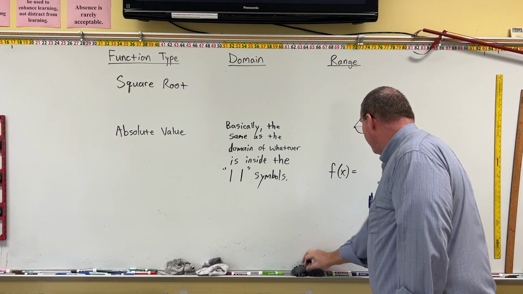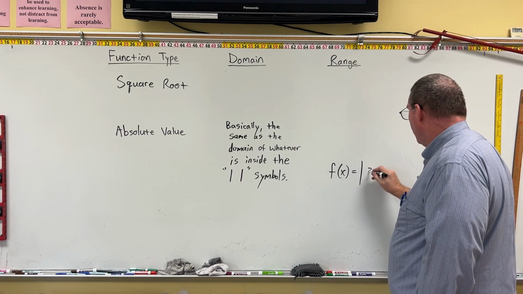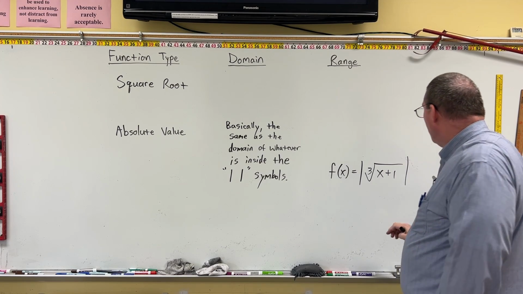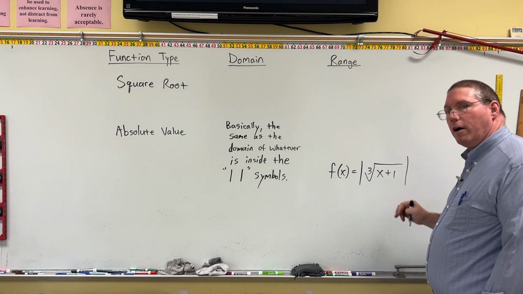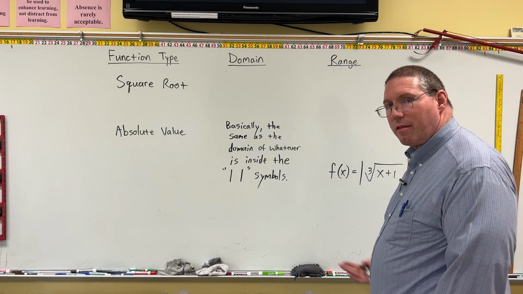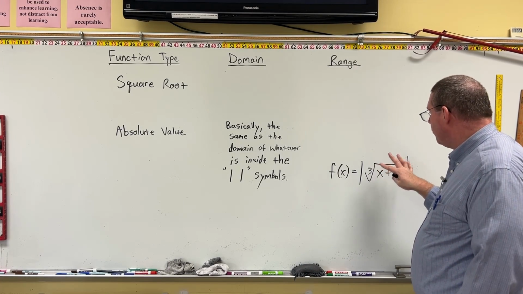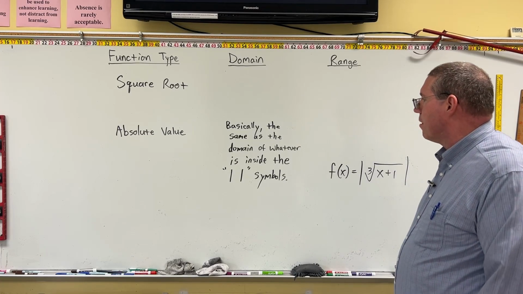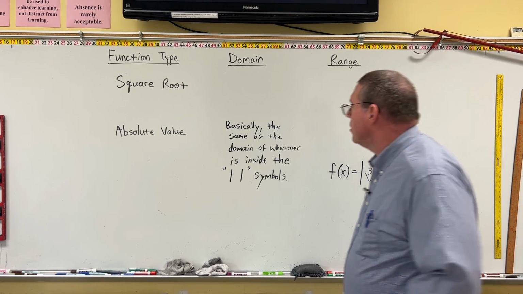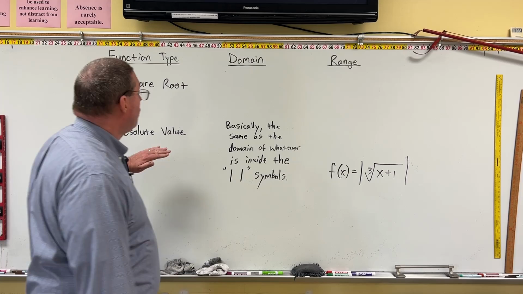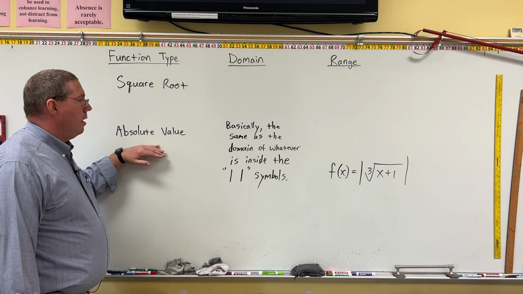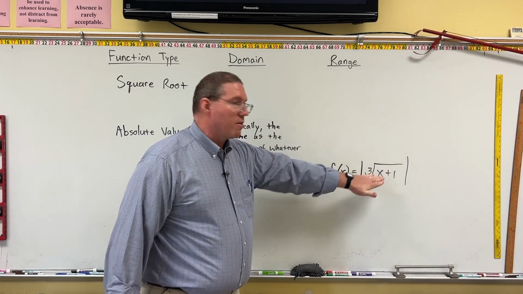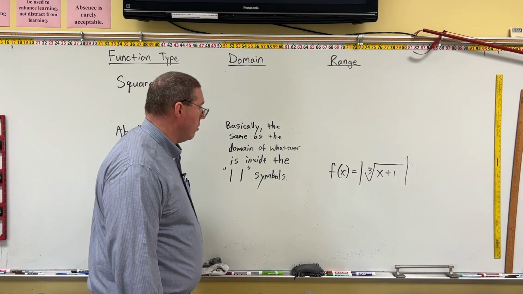If it was the absolute value of the cube root of x plus 1, then we know that the domain of a cube root function is negative infinity to positive infinity, and therefore the domain of this absolute value function would be negative infinity to positive infinity. So basically, the domain of an absolute value function is going to be the same as the domain of whatever is inside the absolute value symbols.